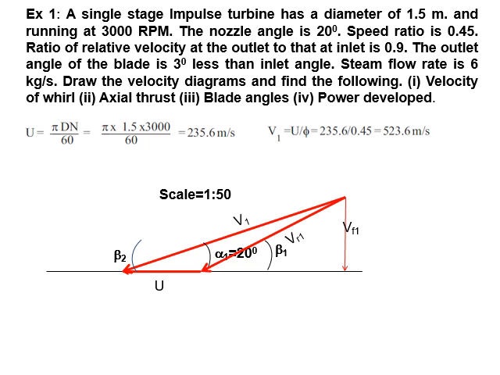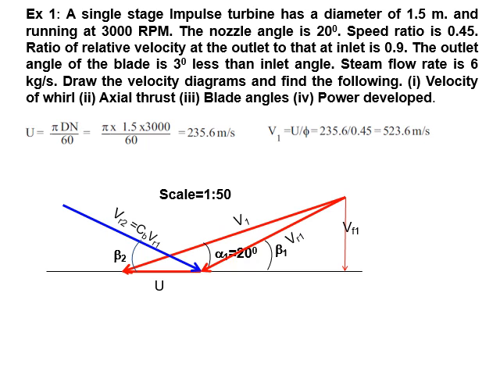The corresponding velocity is the relative velocity at outlet, that is VR2. Here the VR2 length is found using the blade velocity coefficient Cb, given as 0.9. The blade velocity coefficient is the ratio of the relative velocity at outlet to the relative velocity at inlet. That means Cb is equal to VR2 by VR1.